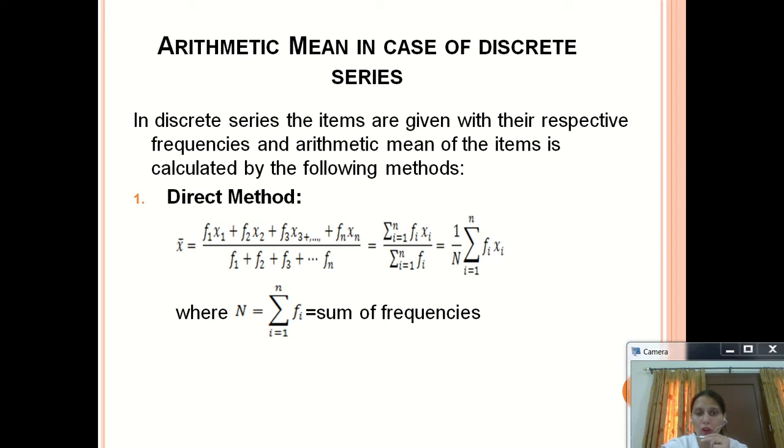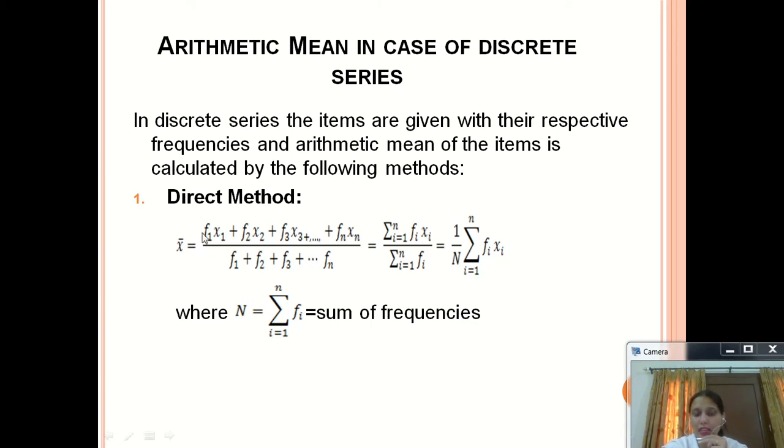The formula of direct method is that x bar, this is arithmetic mean, notation of arithmetic mean, is equal to f1 x1 plus f2 x2 plus f3 x3 plus and so on fn xn, divided by sum of the frequencies.